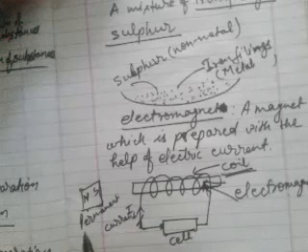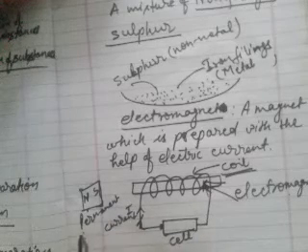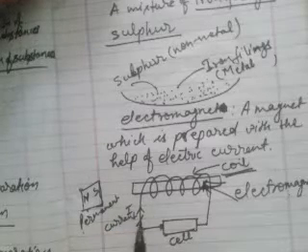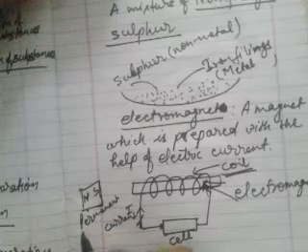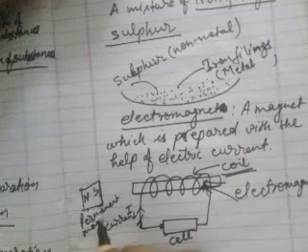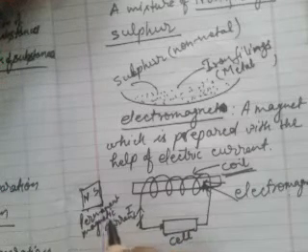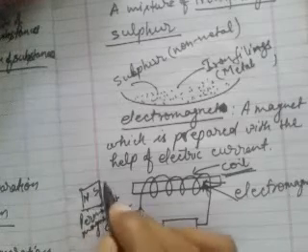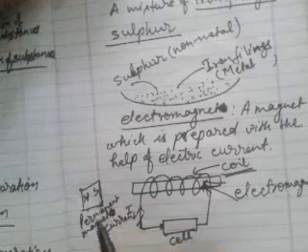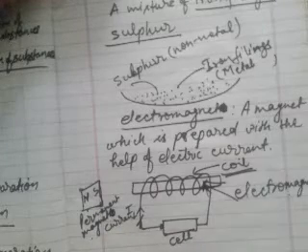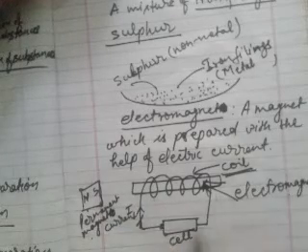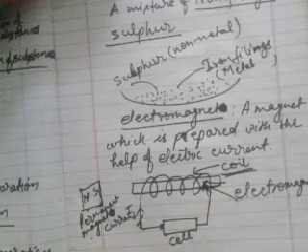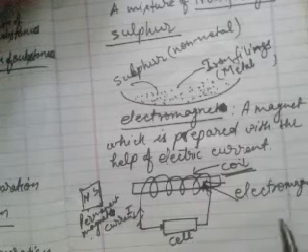If a north pole and south pole are formed in a permanent magnet, they are fixed and never change. That's why this magnet is called a permanent magnet. But in the case of an electromagnet, poles are not fixed. It depends upon the direction of flow of current.